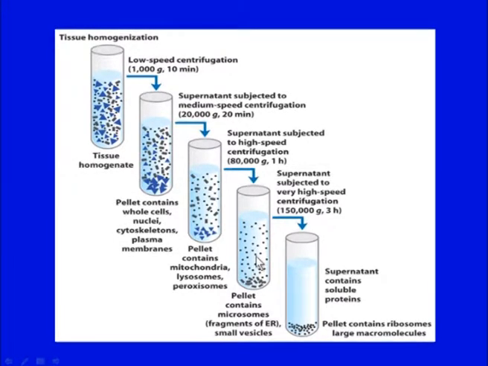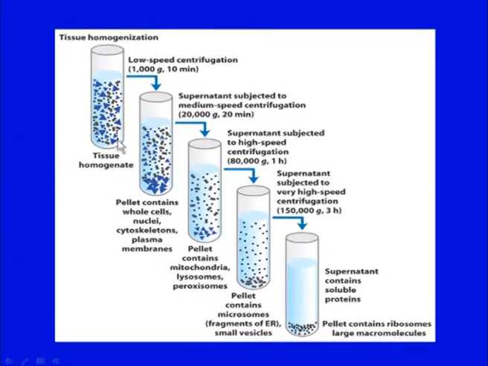The supernatant will be centrifuged at much higher, say 100,000 G. So, what you will get, the pellet will contain ribosomes, macromolecules and other things. The supernatant still might contain certain small soluble proteins which might not pellet as such.